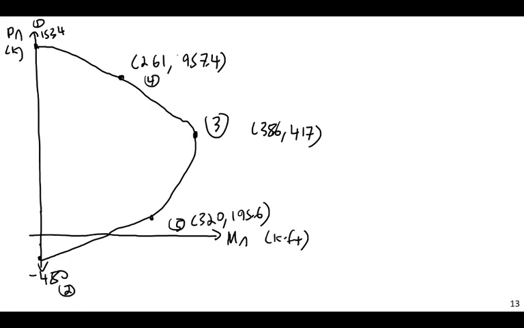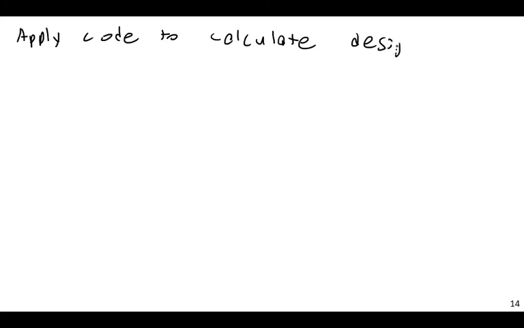We need to reduce these by some sort of factors, so let me go down the phi factors. We now need to apply the code to calculate design capacities.